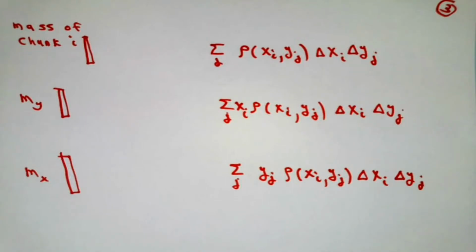If I add up all of the rectangular blocks that go with vertical strip number i, my approximation for the mass of chunk i is going to be the sum over j of the mass density at xi, yj times delta xi times delta yj. The approximation to the moment about the y-axis is the same sum, except it has an extra factor of xi, and the moment about the x-axis is the same sum except its extra factor is yj.